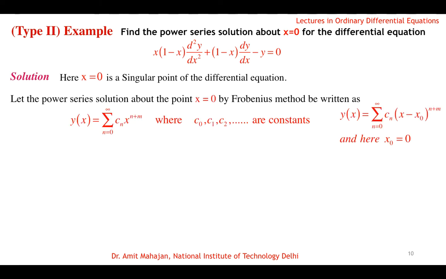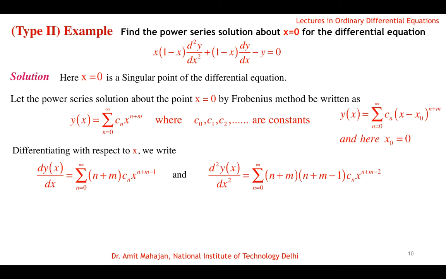If that is true, then we can assume the power series solution in this form. We have talked about this many times now: we assume the series solution as summation c_n x to the power n plus m whenever we have a regular singular point at the origin. Then we calculate the first derivative and second derivative of this and plug them into the given differential equation. These steps are similar.